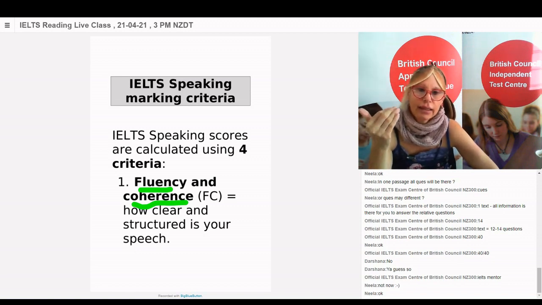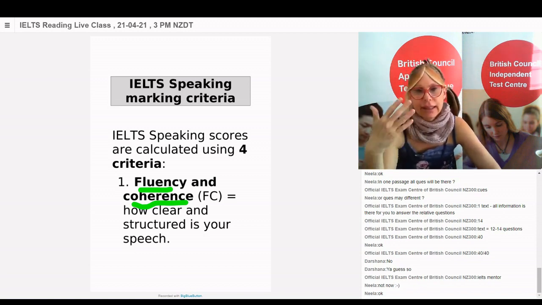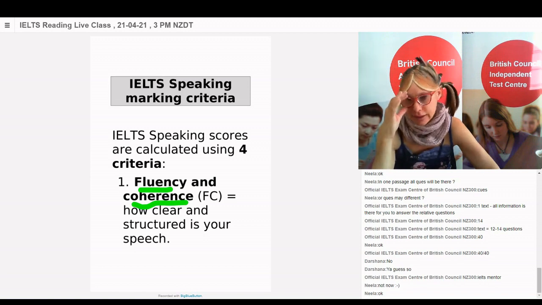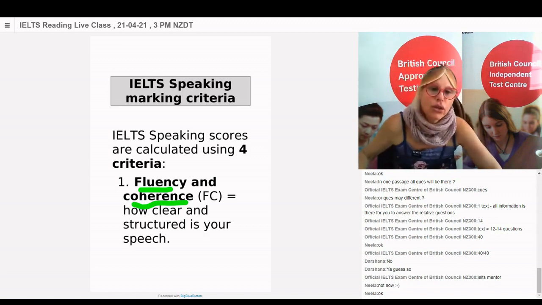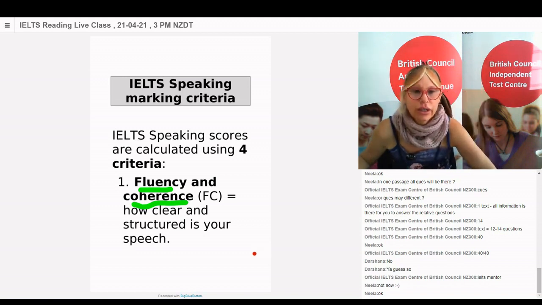So these sorts of phrases would be things like, for example, or on the other hand, or now I'm going to tell you, or in conclusion. They're basically just phrases to help the listener make sense of what you are saying, so that it has some sort of organization and it's easy to follow. So that's the first thing, fluency and coherence.